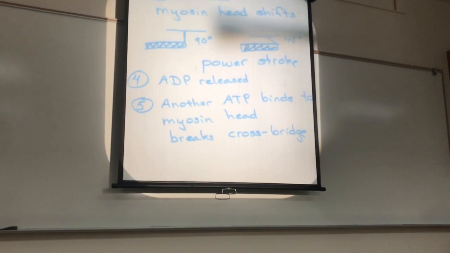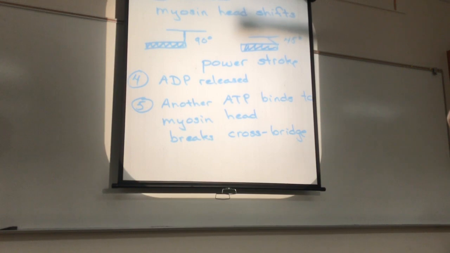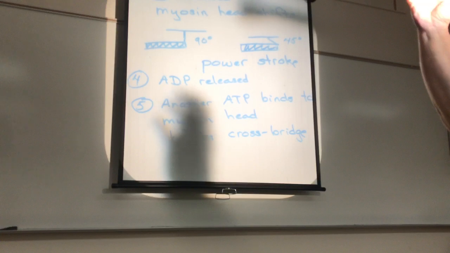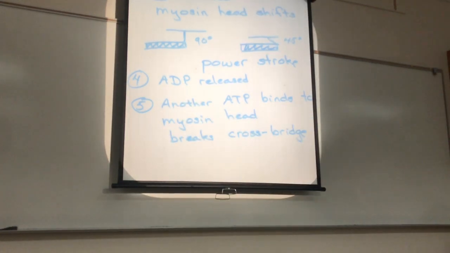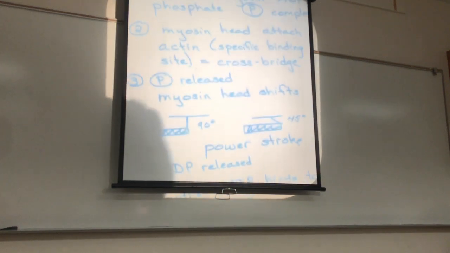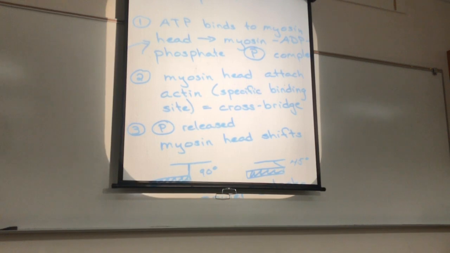So the myosin head will pick up a new molecule of ATP. It will let go of the actin. It'll drop back down toward the thick filament. It'll recock to a 90-degree angle. And the myosin head will break down the ATP to form a myosin ADP phosphate complex.